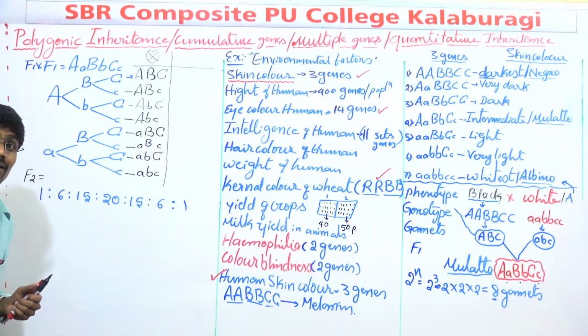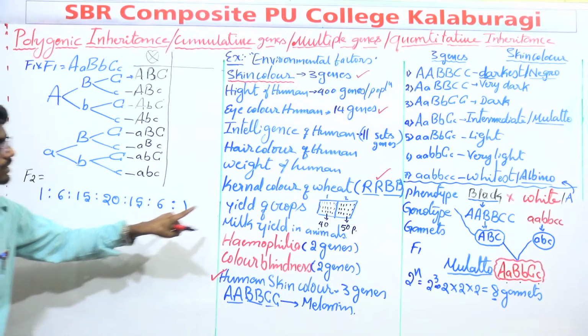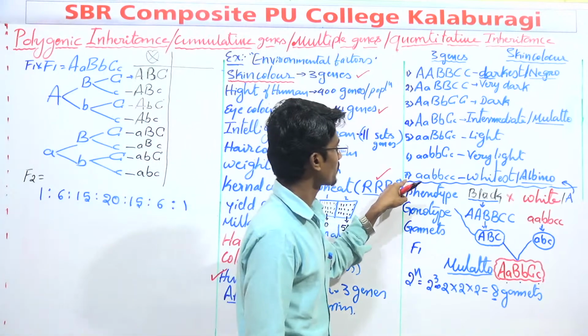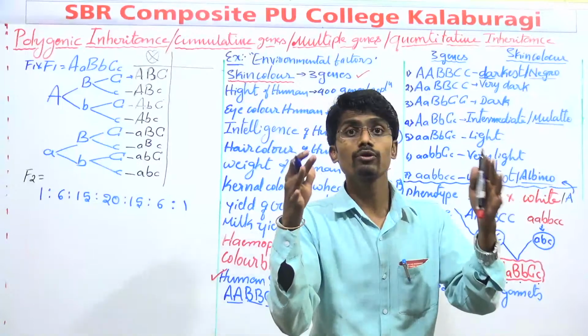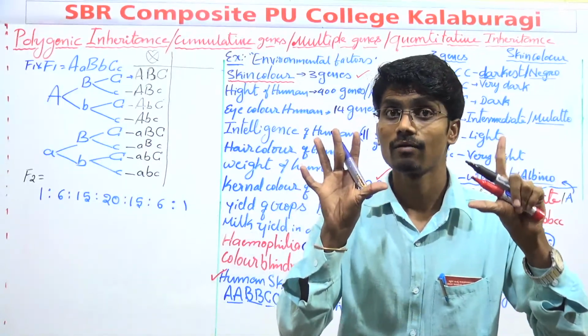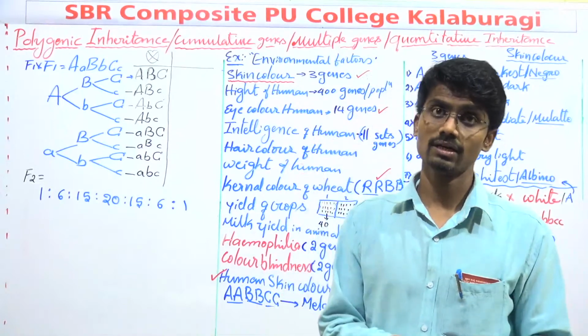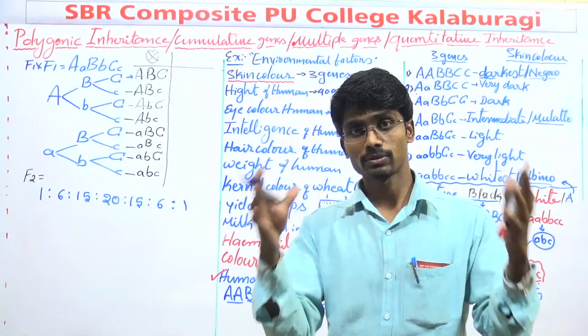Total, how many cumulative effects are present here? 1, 2, 3, 4, 5, 6, 7. Here, how many skin colors are present? 7. Out of 64 progenies, only 7 phenotypic characteristics are present, and the genotypes also vary. How many genotypes are produced?